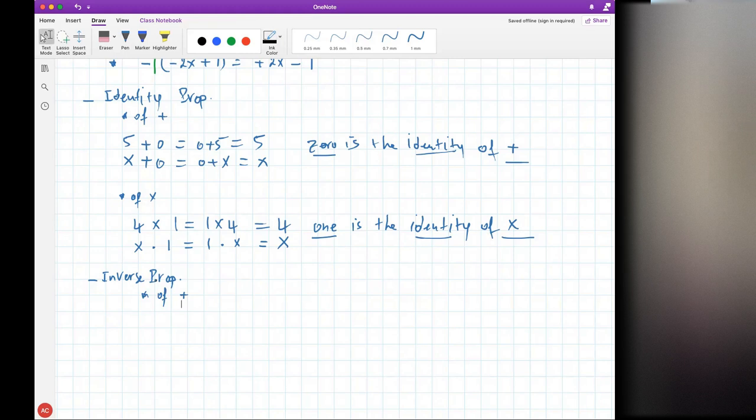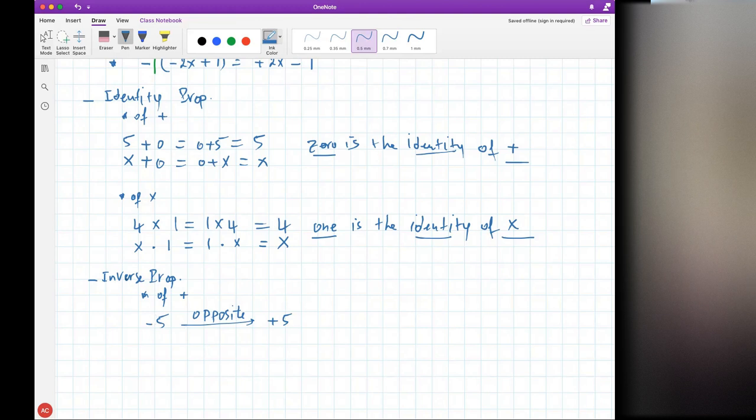Basically, any real number has an opposite. For example, if you take -5, the opposite of -5 is +5. So any real number with one sign has another number with the opposite sign. That's basically what the opposite of a number is.